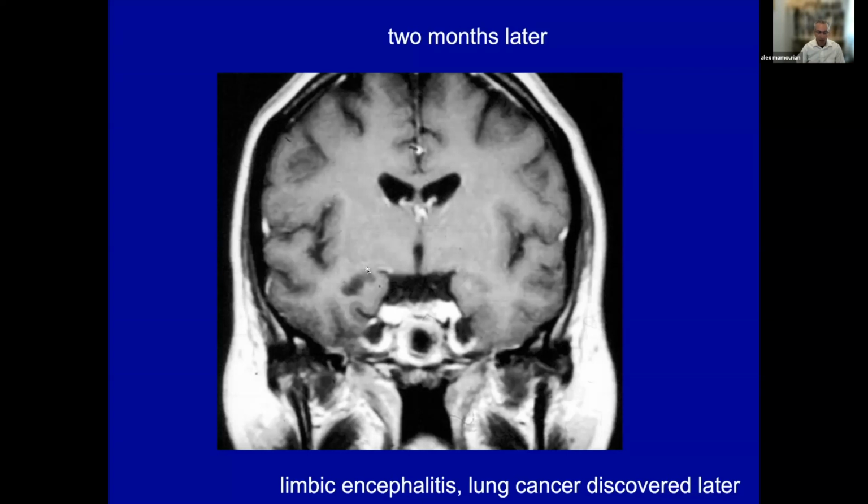So I think at the time of presentation, you want to consider both of those, but usually with titers and laboratory studies, they can usually exclude herpes and will leave you with the diagnosis of limbic encephalitis. Remember that not all patients have a known cancer, but if you see this pattern and you think it's limbic encephalitis, it's very reasonable at that point in time to look for an underlying cancer.